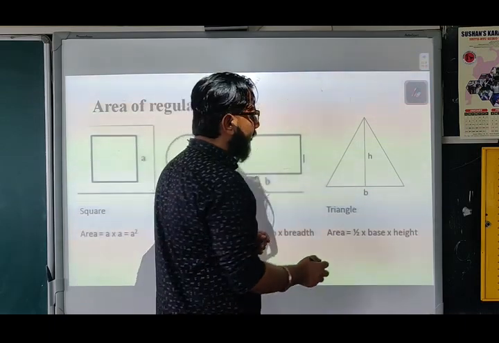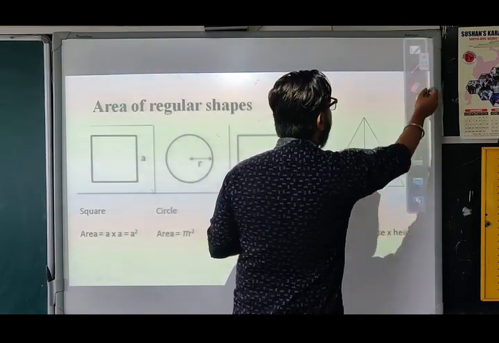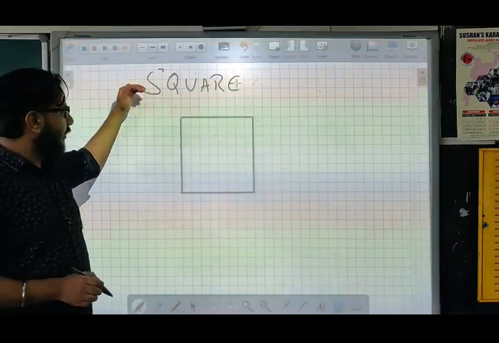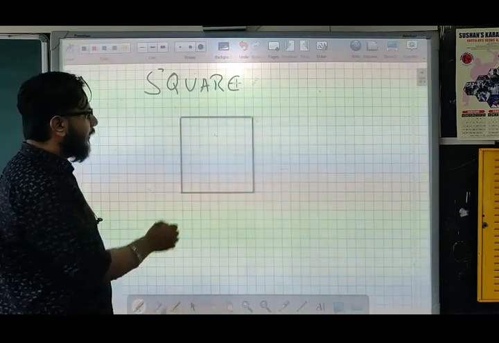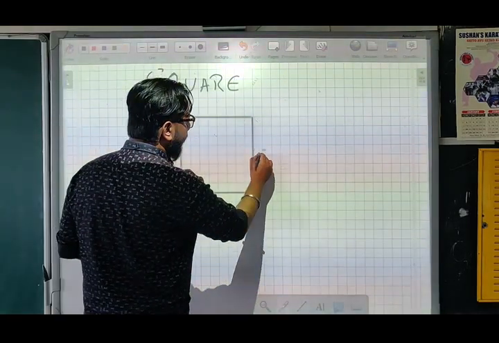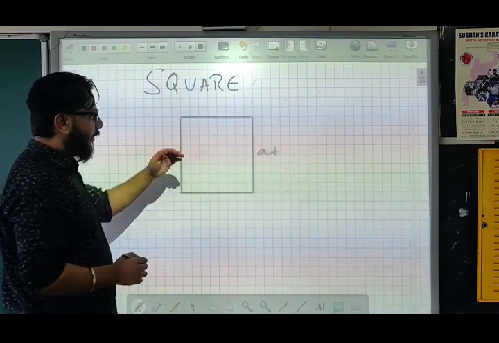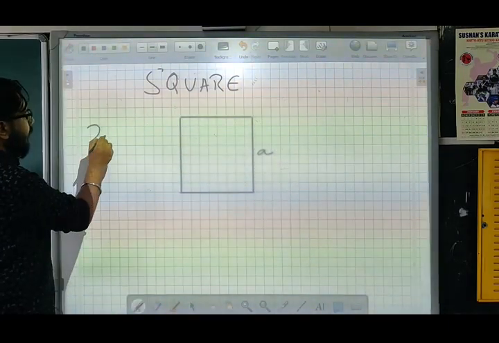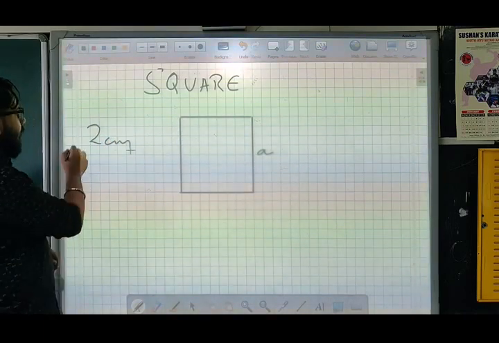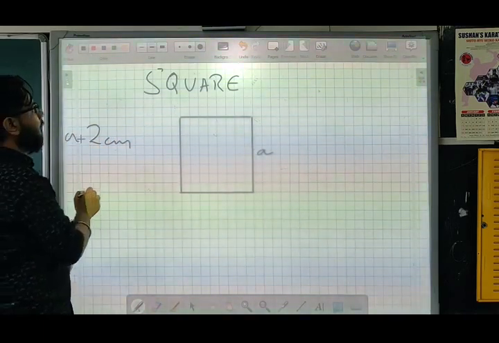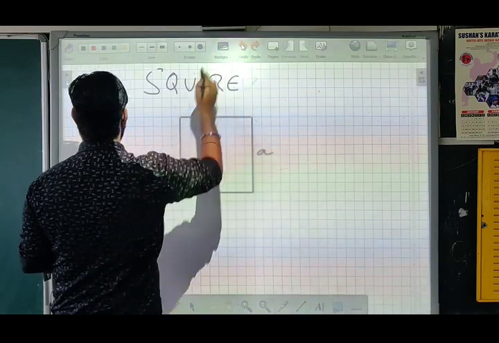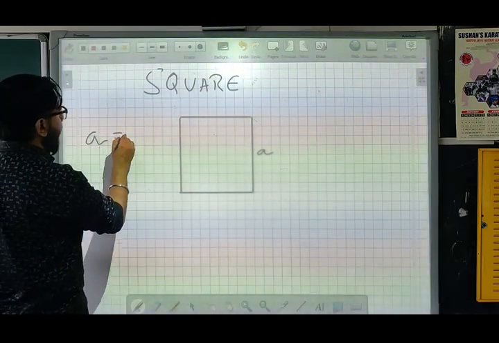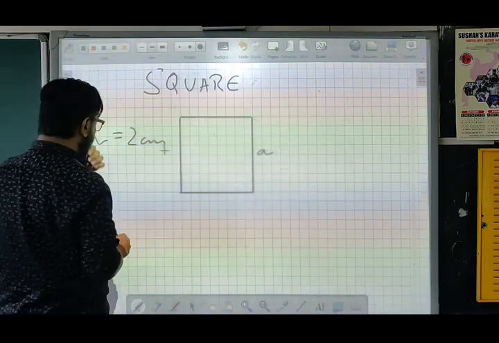So let's look at how you calculate. Here we have a square. Let's say the side A is 2 centimeter.